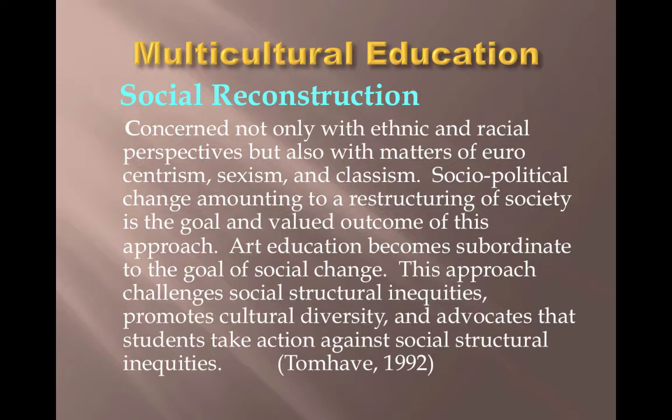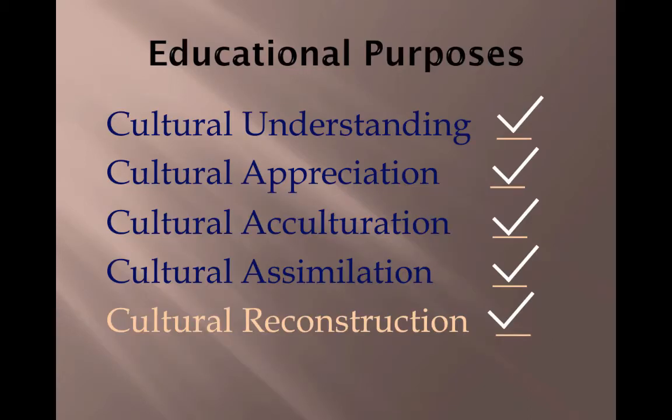So with multicultural education, you're empowering the students to think about power dynamics, to think about race, and things like that, and for the betterment of society. Ultimately, it's taking its influence from critical theory, a pedagogical model.